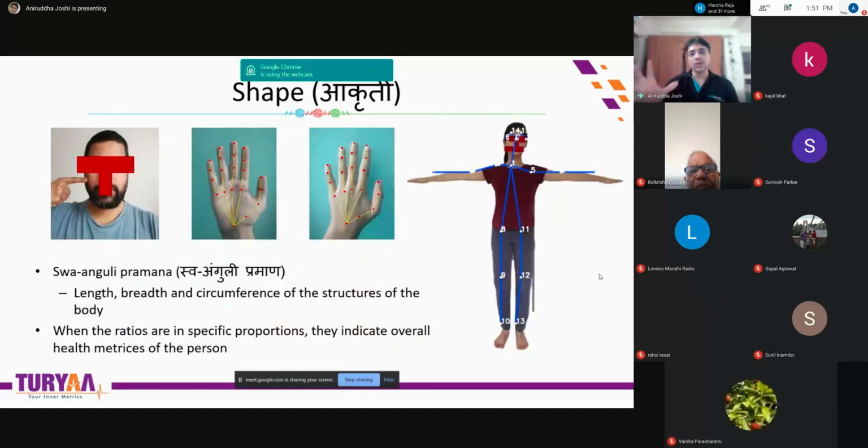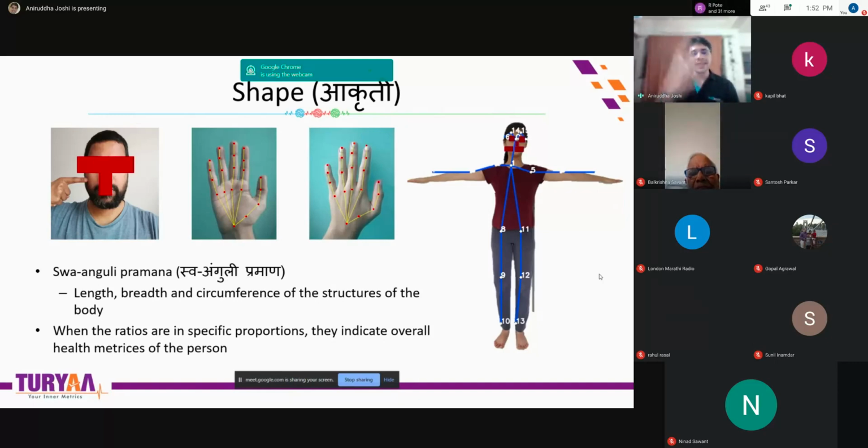Again, based on akruti, based on shape, based on face, based on various anguli pramana. So there is anguli pramana, how many angulis are there on my forehead, how many angulis are on my nose. Some people have a big nose, big nostrils. If I see from the outside, sometimes it's concave, sometimes it's convex, and so on. So there have been observations and text with respect to how you look, how you appear.